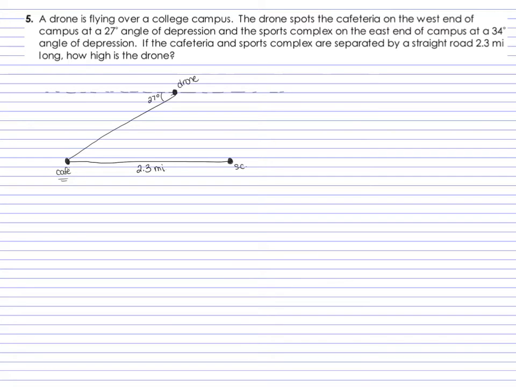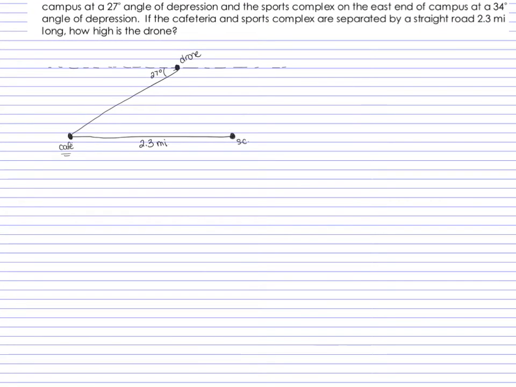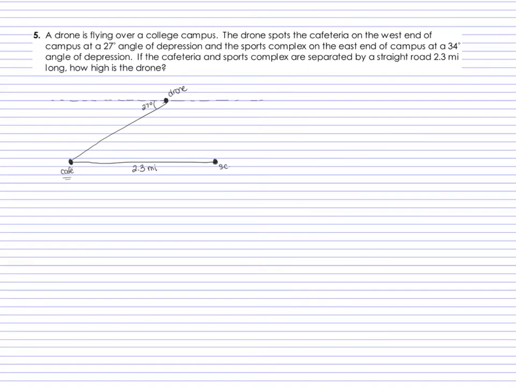Now, if you remember, think way back to geometry. If we have two parallel lines cut by a transversal using alternate interior angles, we know that this angle here is also 27 degrees. This horizontal line is parallel to this horizontal line that we've created, and it's been cut by this transversal.